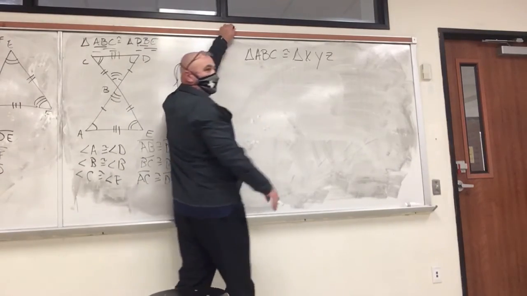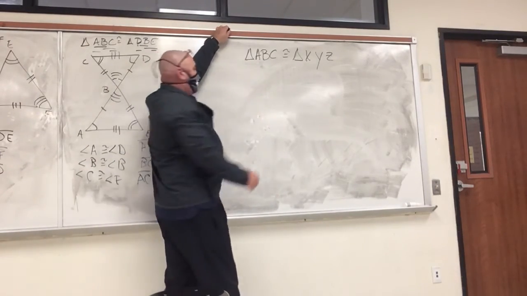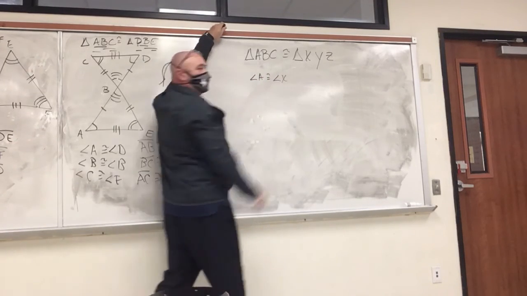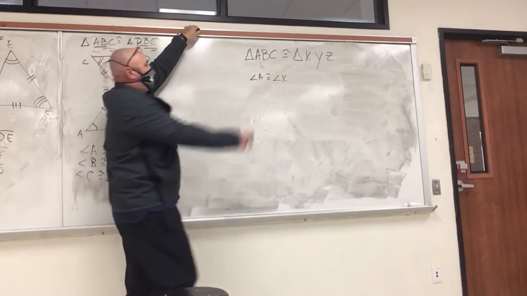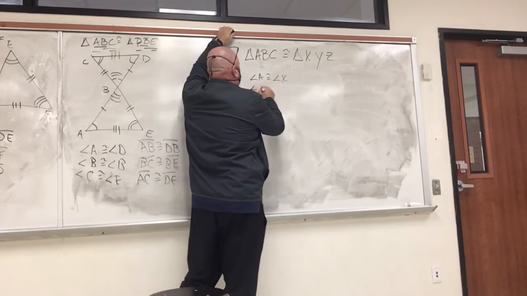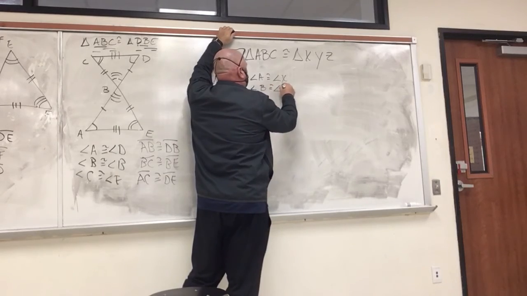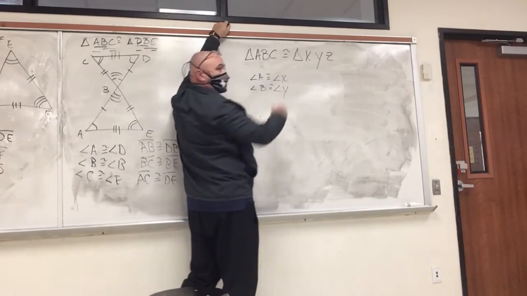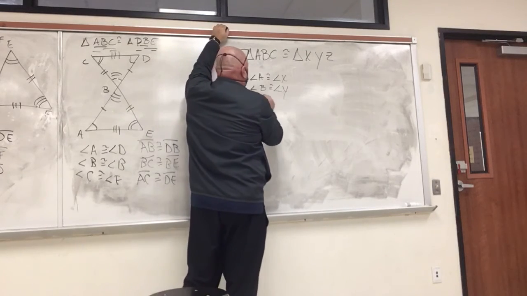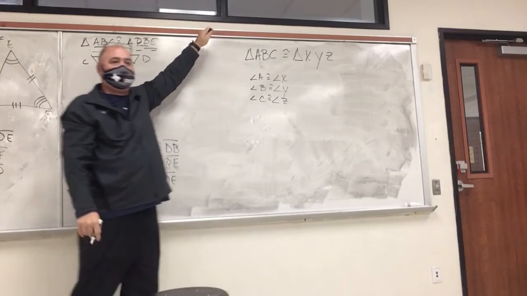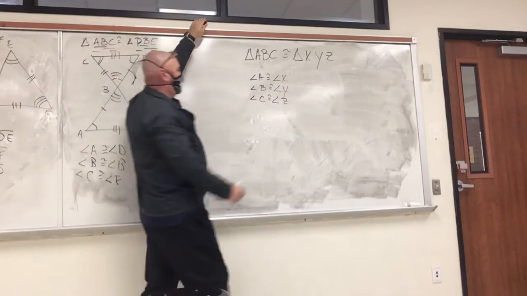What's A match up with over there? X. Angle A is congruent to angle X. What's B correspond to? Y. Angle B is congruent to angle Y. What's C correspond to? Z. Angle C is congruent to angle Z. Now let's do the sides.